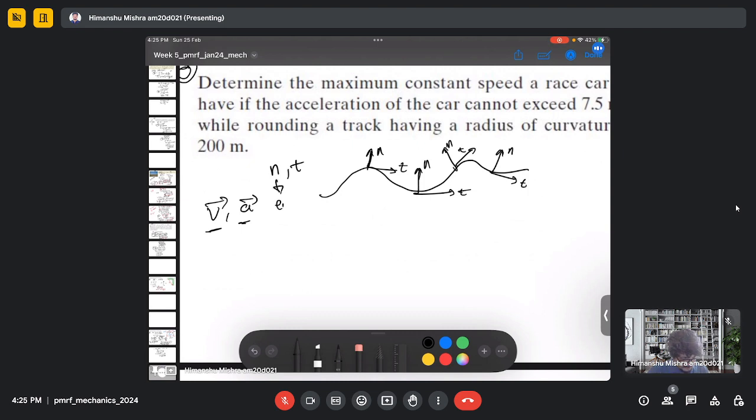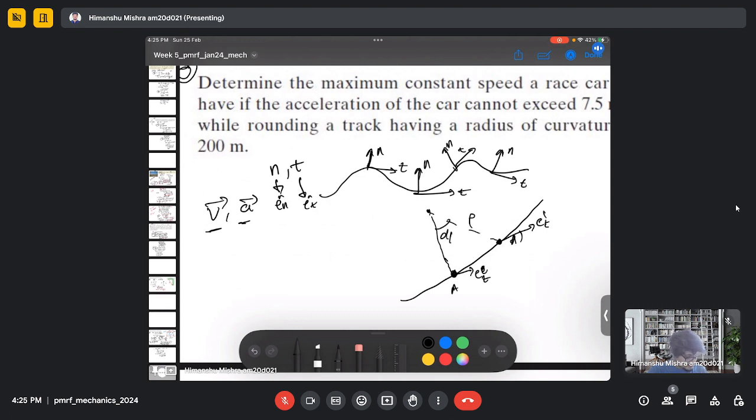So for that, let's say here the basis vectors are En and Et, and let's say there is a curve here, okay, and we need to move to another point, which is A dash. This is my T vector, and here this is my T vector. This is rho, and this is angle d theta.